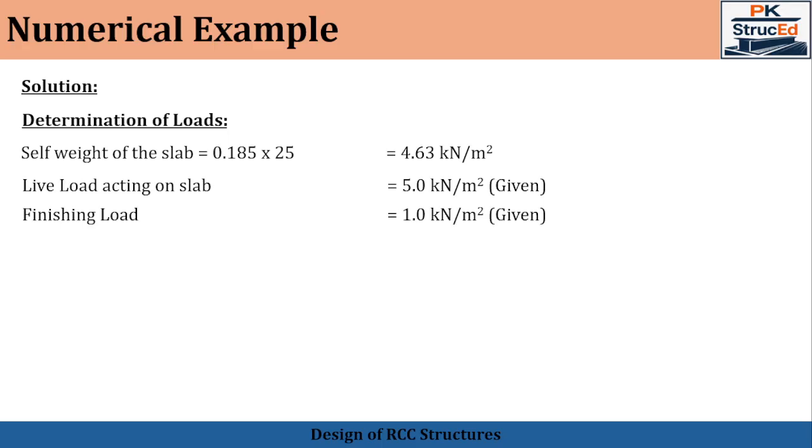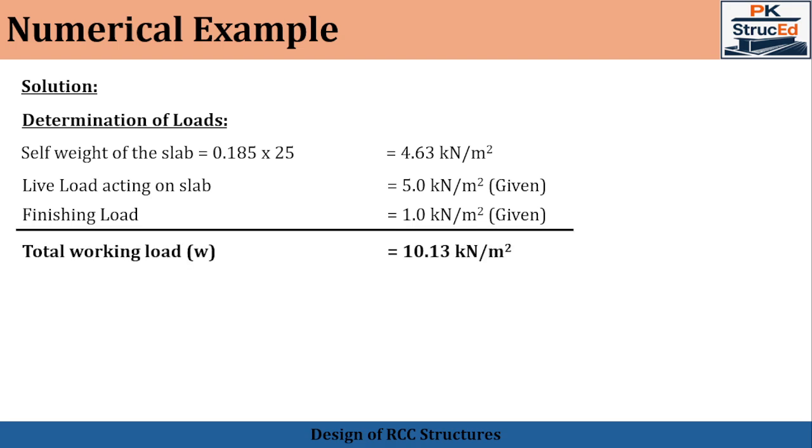And the other loads are the live load acting on the slab, which is 5 kilonewton per meter square, and the finishing load of 1 kilonewton per meter square, which both have been given in the problem. With all these values, we can calculate the total working load or the service load as 10.13 kilonewton per meter square. Using a load factor of 1.5, we can get the factored load of 15.20. Sorry, this is 10.13.